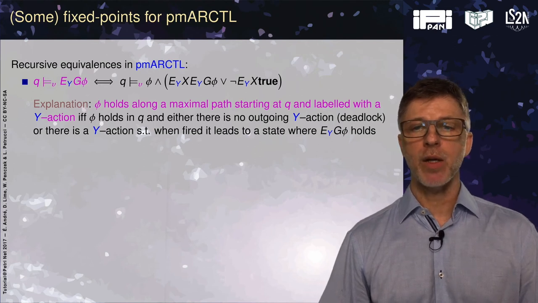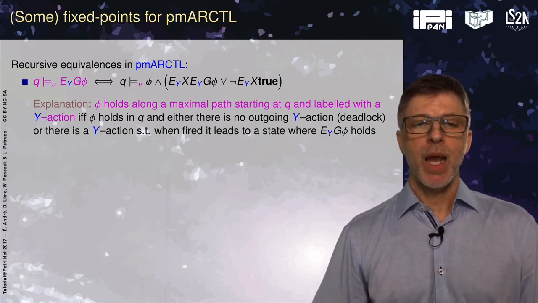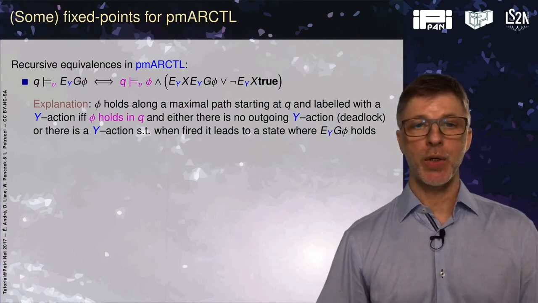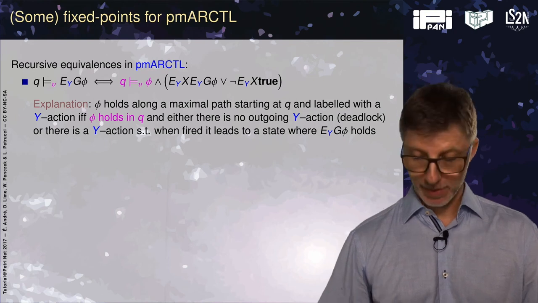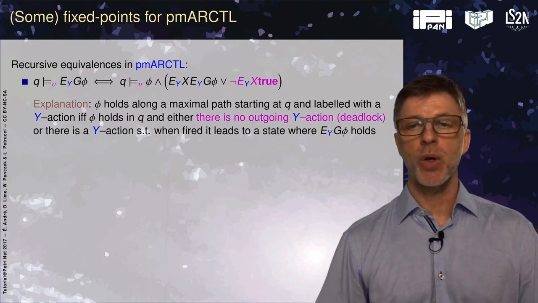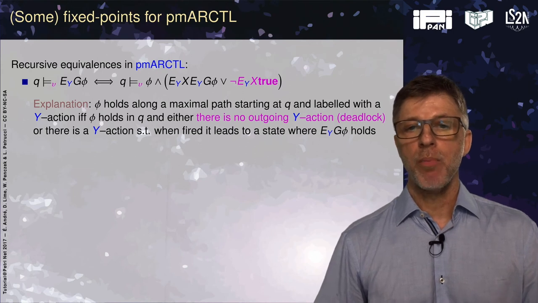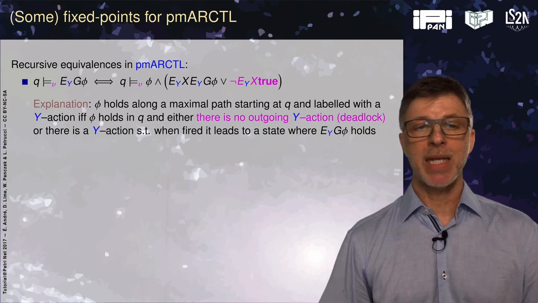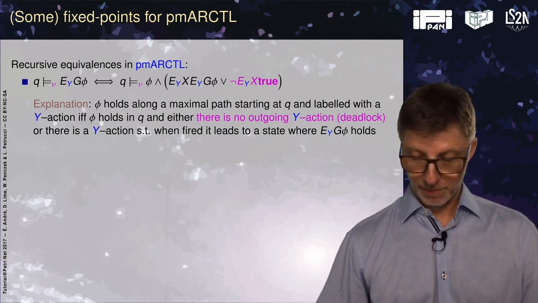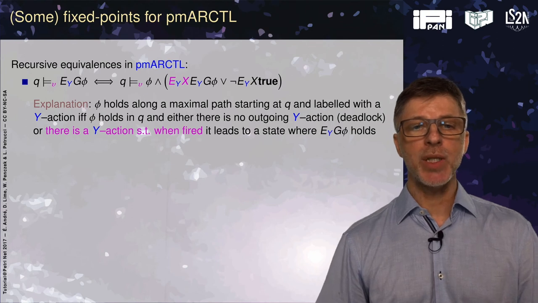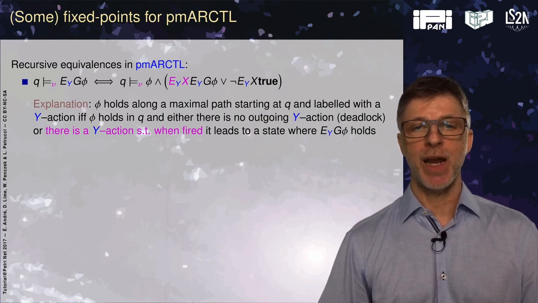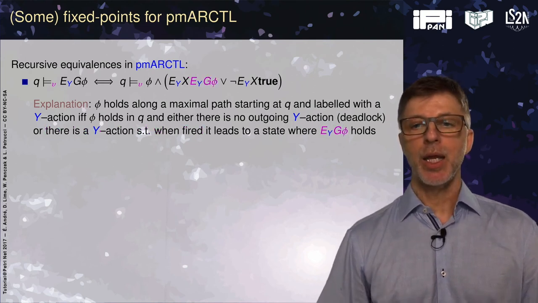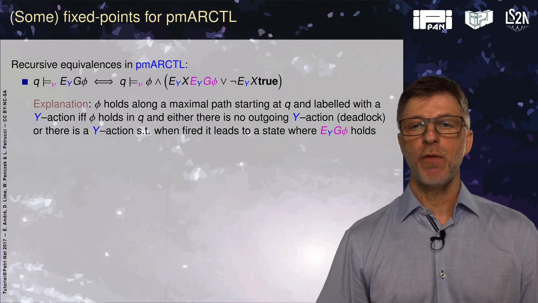I mean, phi holds over a maximal path if and only if phi holds in Q and either there is no outgoing y action, which means that there is deadlock, so we are dealing with a maximal path, or there is a y action such that when it's fired, it leads to a state where EYG phi holds.